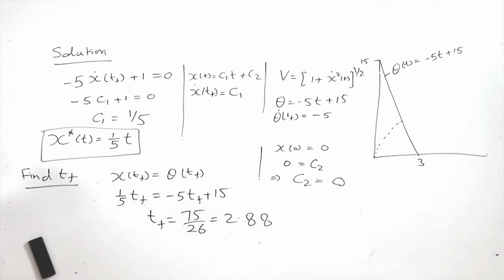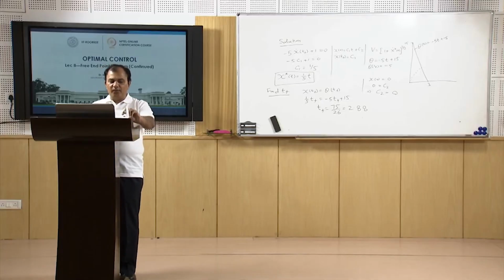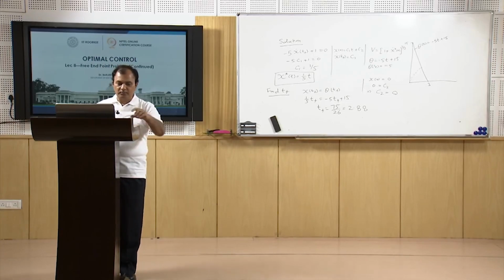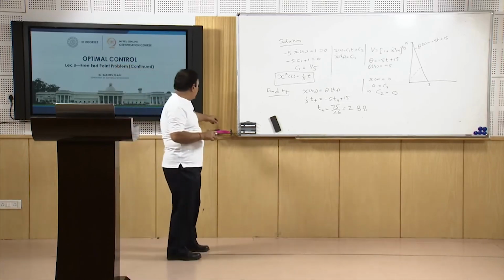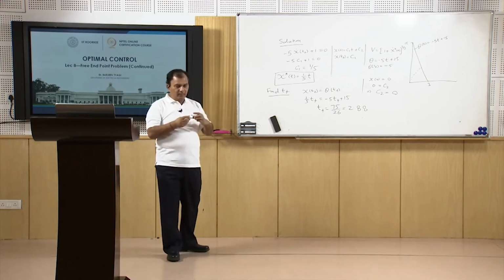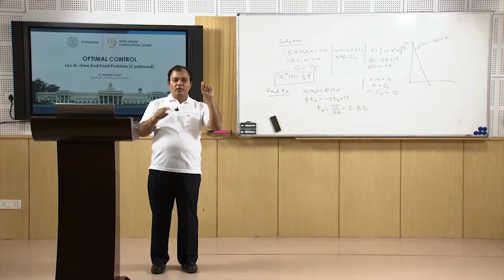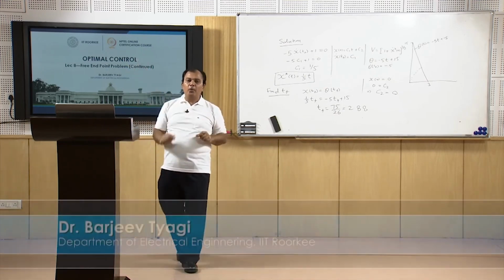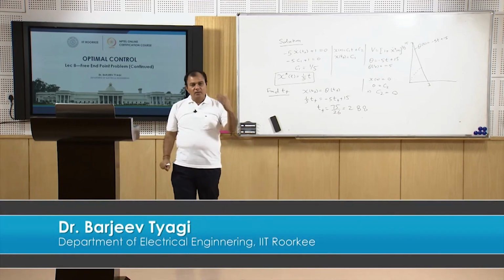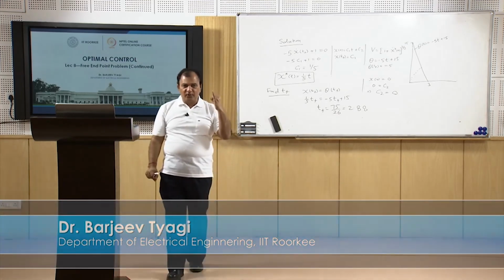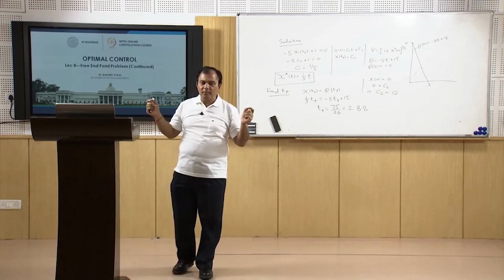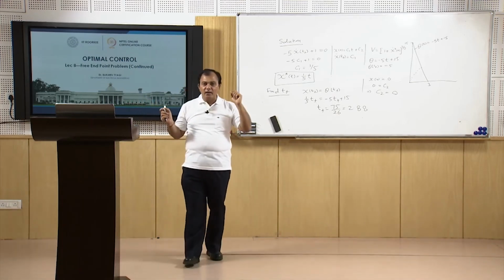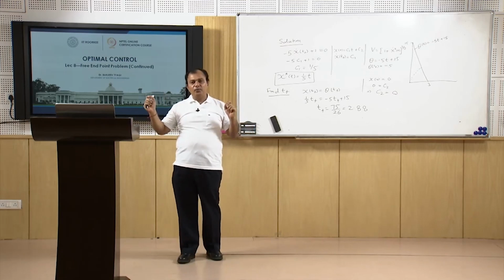So, my final solution I can find in the following manner. In a free endpoint problem, we try to find the different cases. Normally we are given the initial point and where my terminal point will be. So, the 4 cases we have discussed. The first one is the fixed endpoint problem. Second, my x tf is free, tf is fixed.